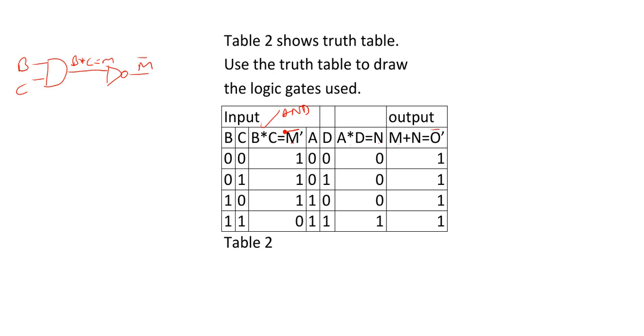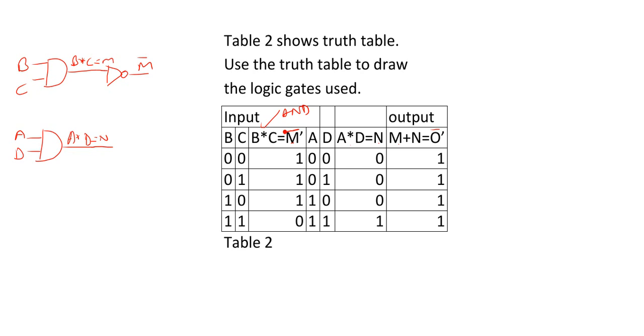So we are taking A and D, and we are passing them to an AND gate to get A and D, which is the same as N. So there we are not passing it to any other gate.